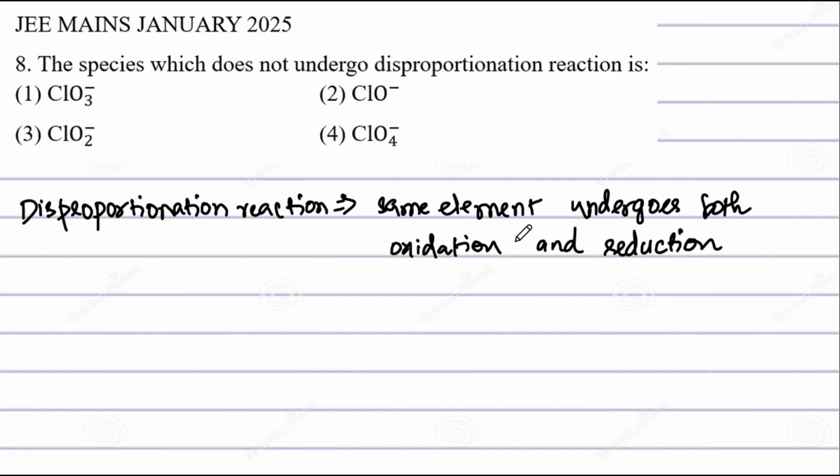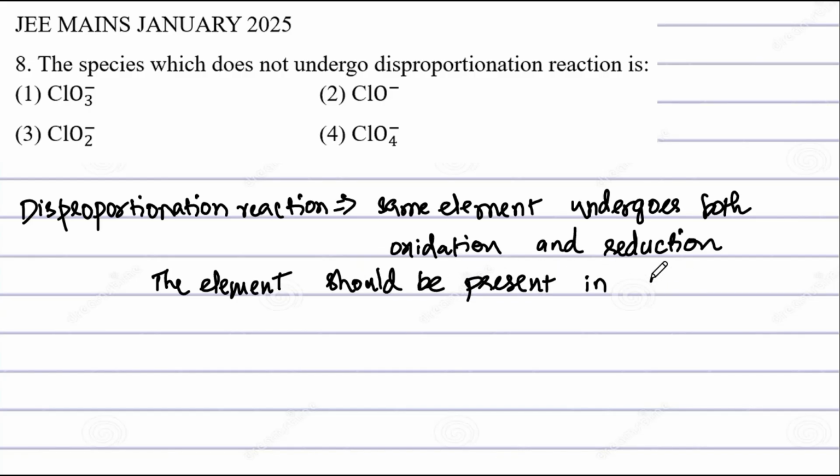For an element to undergo both oxidation and reduction, there is a condition that the element should be present in an intermediate oxidation state in the reactant.